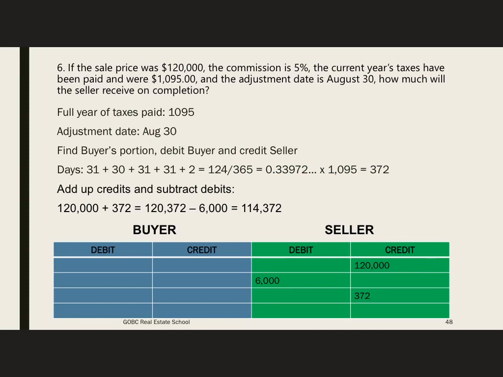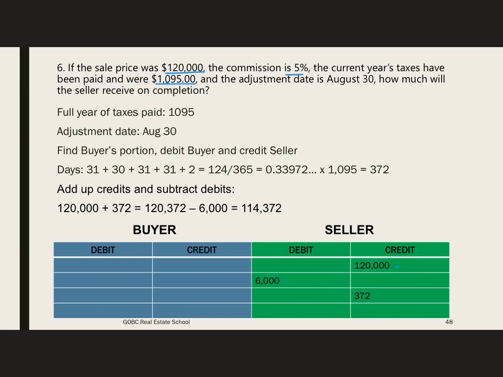Okay, so it's asking how much the seller will receive on completion. So I've sped things up here a little bit just to get us through the question quicker. So the $120,000 sale price, the 5% commission, and the current taxes were paid of $1,095. So I've got the $120,000 credit for the purchase price.